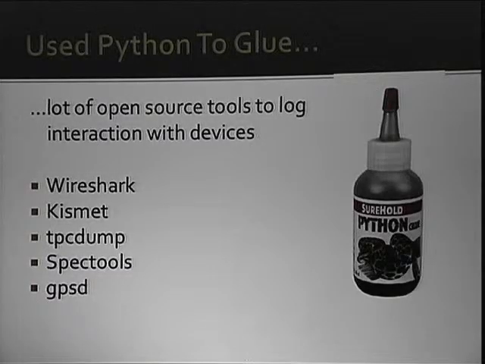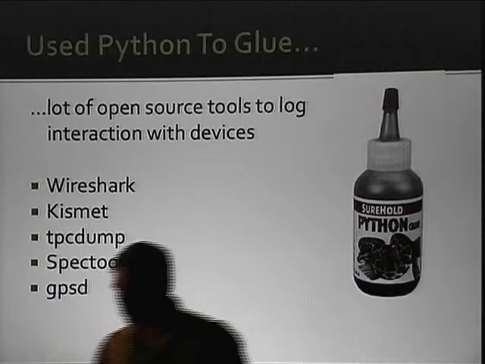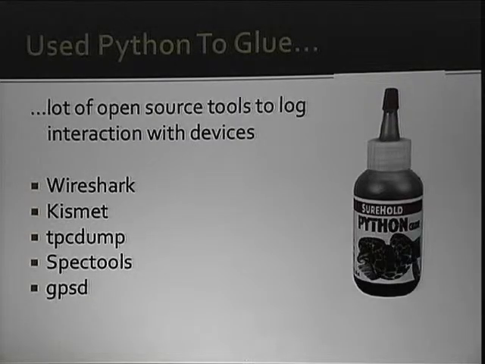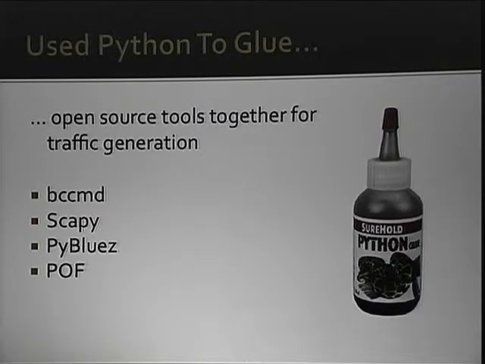So it pulled data like all the Wi-Fi management frames and wireless traffic intended for our device, as well as the entire spectrum activity on the 2.4 gigahertz with Spectools. As well as interfacing with things like GPSD to dump the GPS location inside of a building, and dumping all our tcpdump and such.